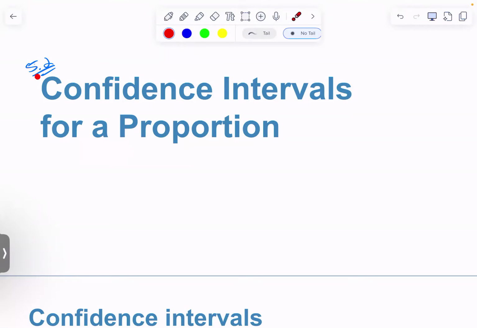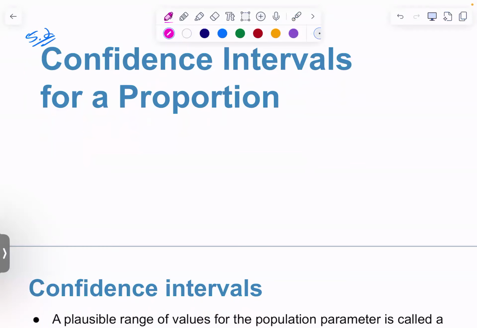So section 5.2 is confidence intervals for a proportion, and we're going to call this a one sample proportion. I gave you that roadmap last day: we start and develop all these rules with one sample proportion.